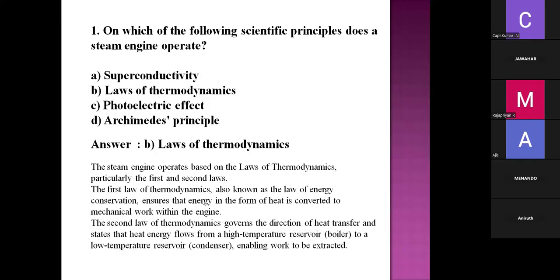The correct answer is laws of thermodynamics. Again, on which of the following scientific principles does a steam engine operate? Laws of thermodynamics. Okay, second question.